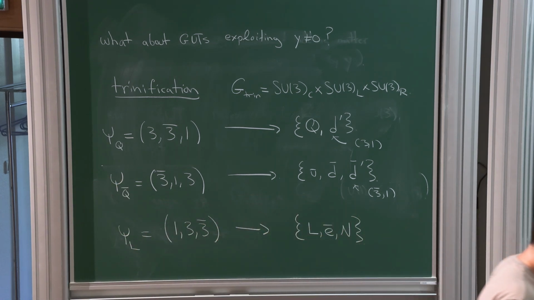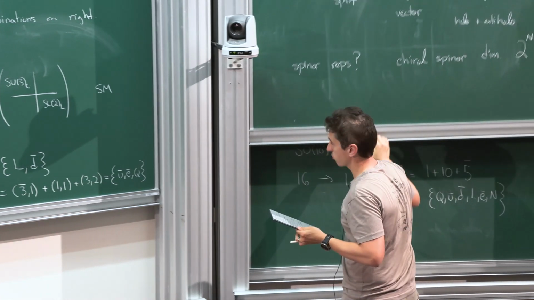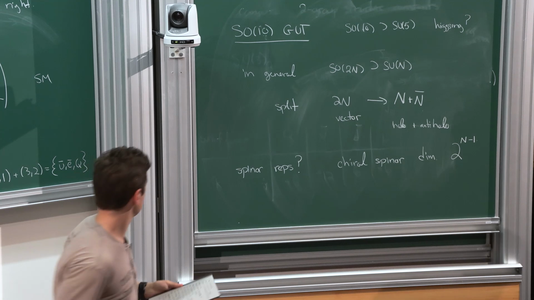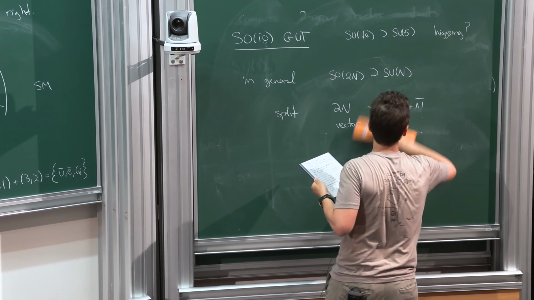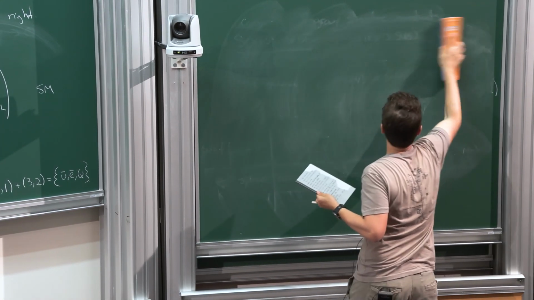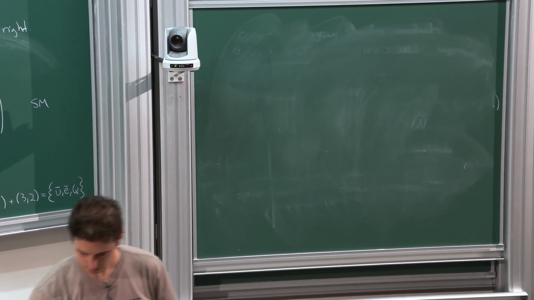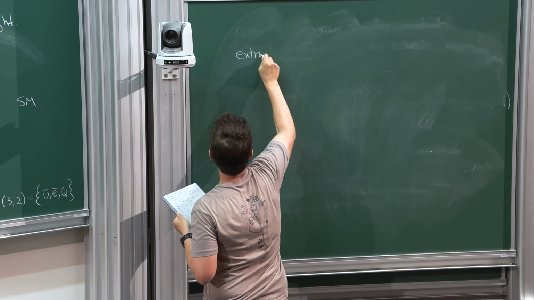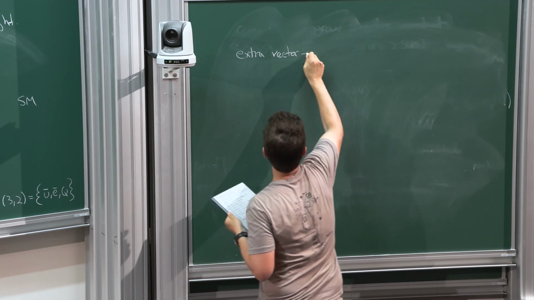So we need to give them mass. Why do people think this is an okay unification if it doesn't quite seem to match the matter content of the standard model? Well, if you write down the Higgsing, we have these extra vector-like down quarks.